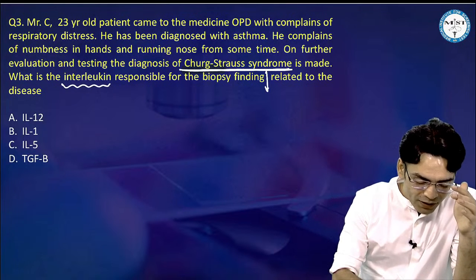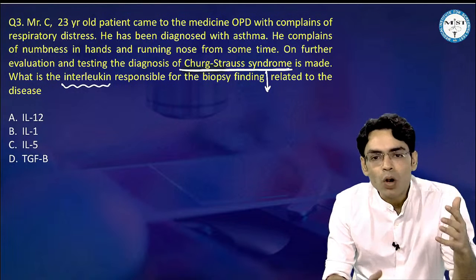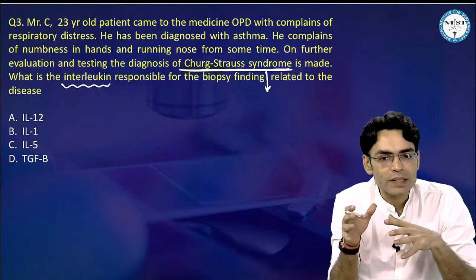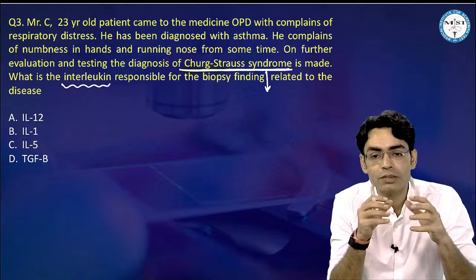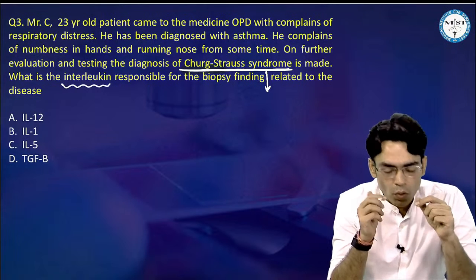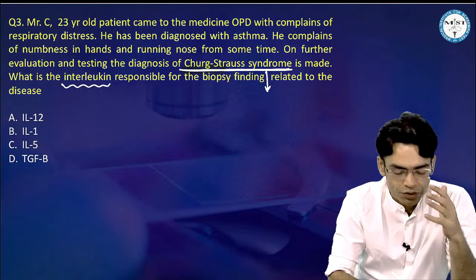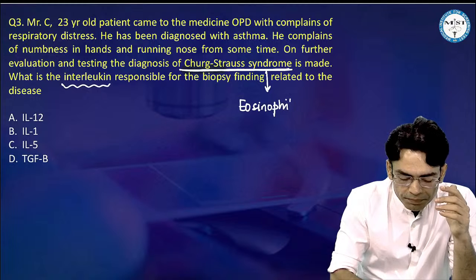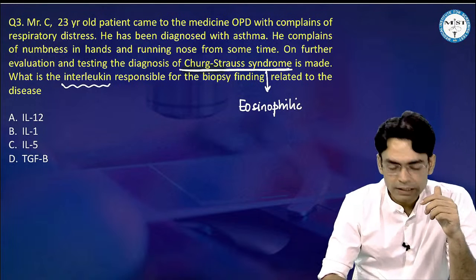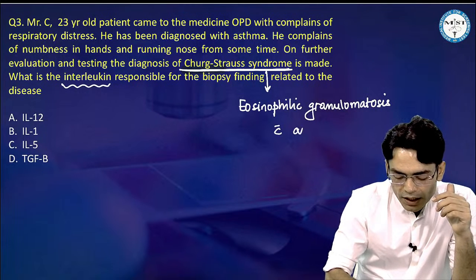Churg-Strauss syndrome basically involves the small vessels. The vessel pathology in Churg-Strauss syndrome, you can also call eosinophilic granulomatosis with angiitis.